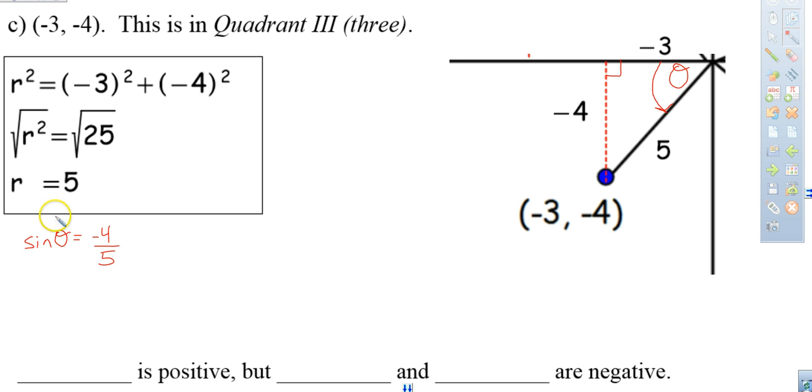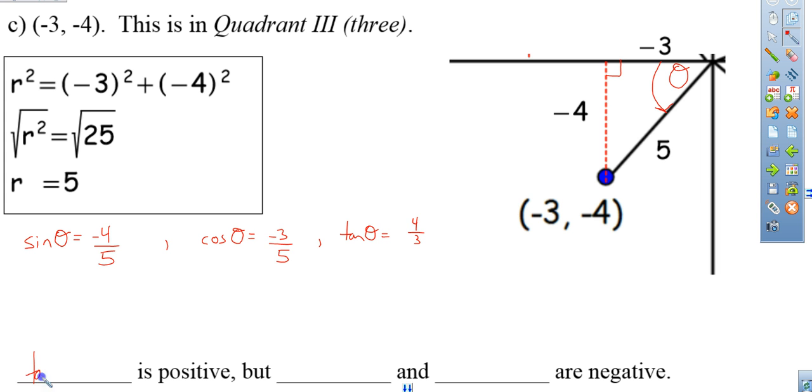So you actually see that sine is negative in this case. The cosine of angle theta would be adjacent over hypotenuse, so -3/5. And the tangent would be opposite over adjacent, so -4/-3. Now, these two negatives, if you divide a negative by a negative, remember they cancel out, so we actually get +4/3.